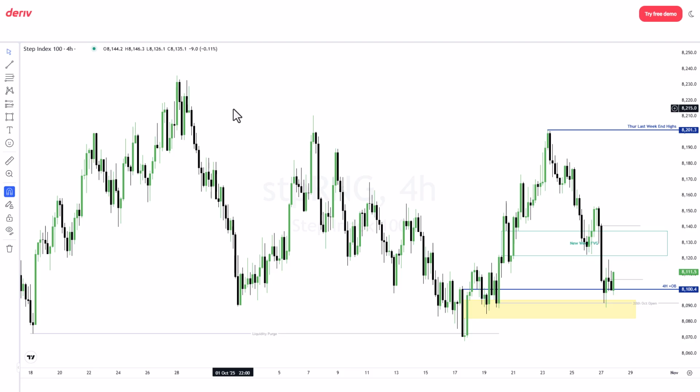So what do we do when price is consolidating like this? We look for specific algorithmic price signatures. The first signature I have already given you in terms of the timing aspect. This is a month end high of October. It is Thursday's last weekend highs.